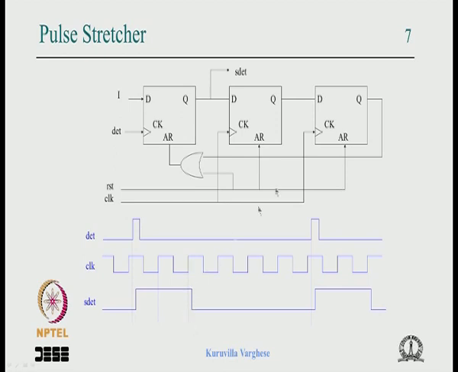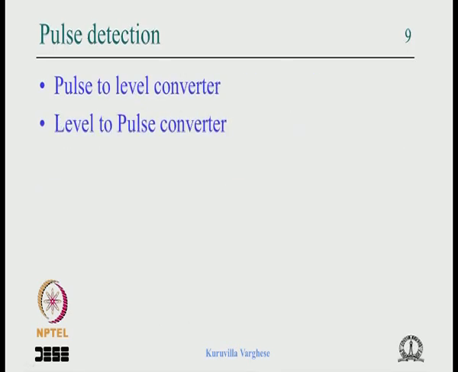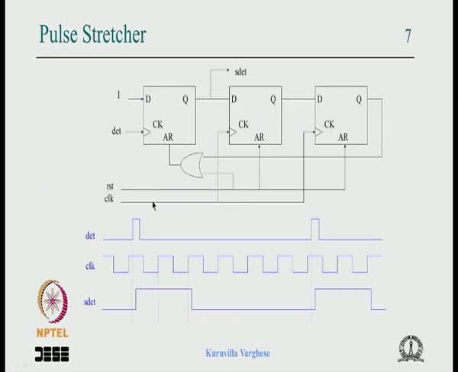So there is no reason to put more flip flops, because after all this clock is the clock of the state machine, so 2 stages should be enough. I have shown a practical circuit which is not stretching it.